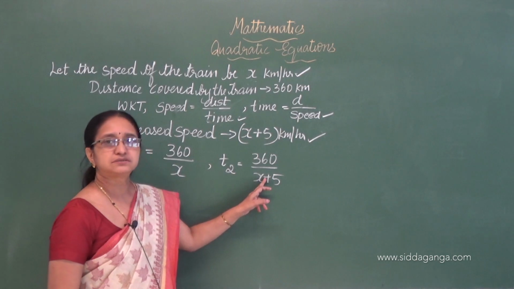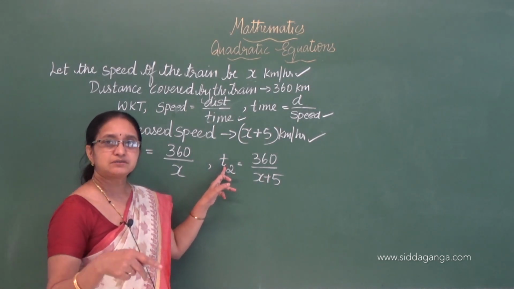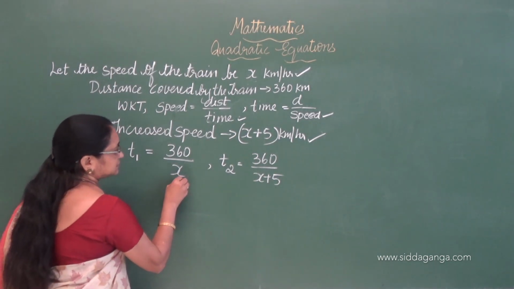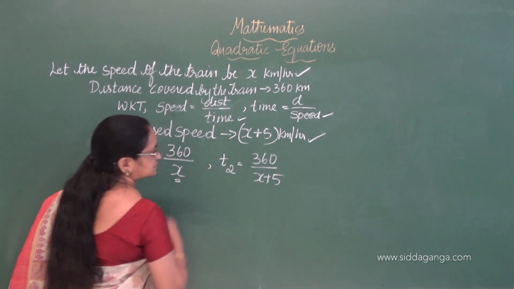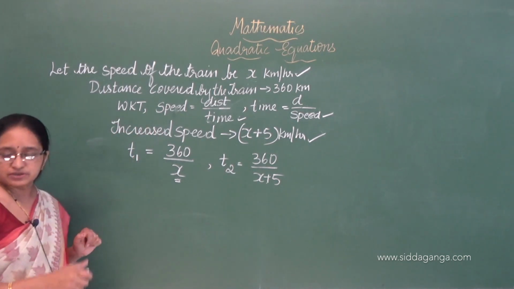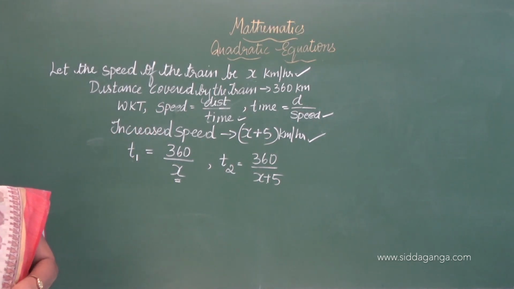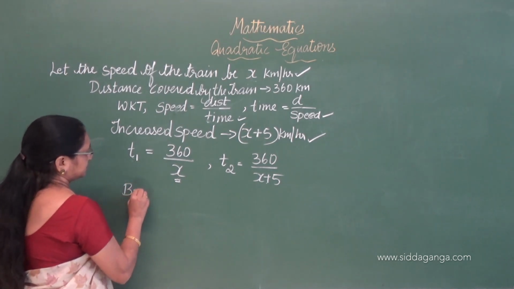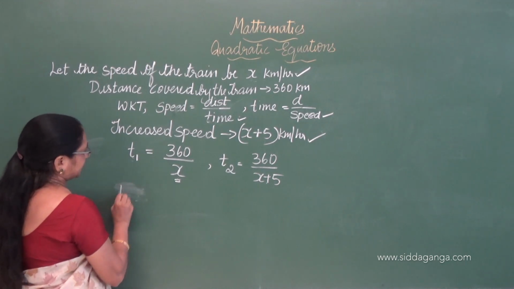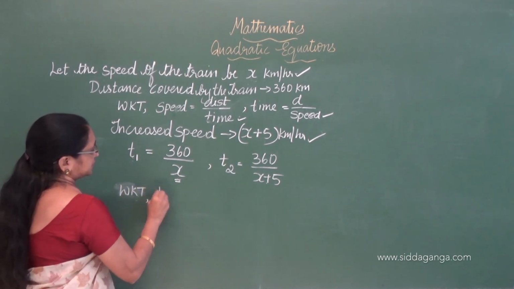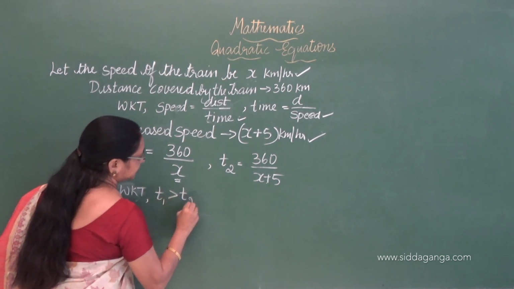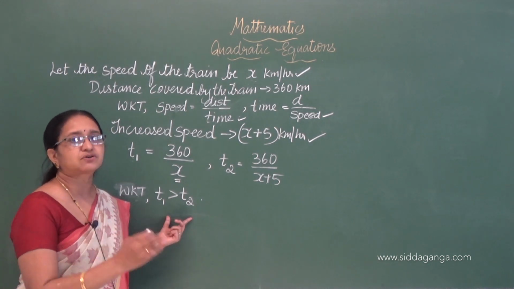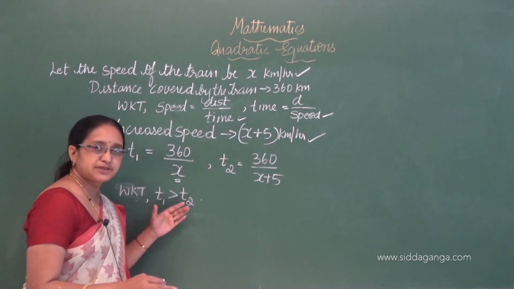Here the speed x is less, so the time will be more. So definitely T1 is greater than T2. I hope you understood this. This is very, very important. Before writing the quadratic equation, you should think this over.